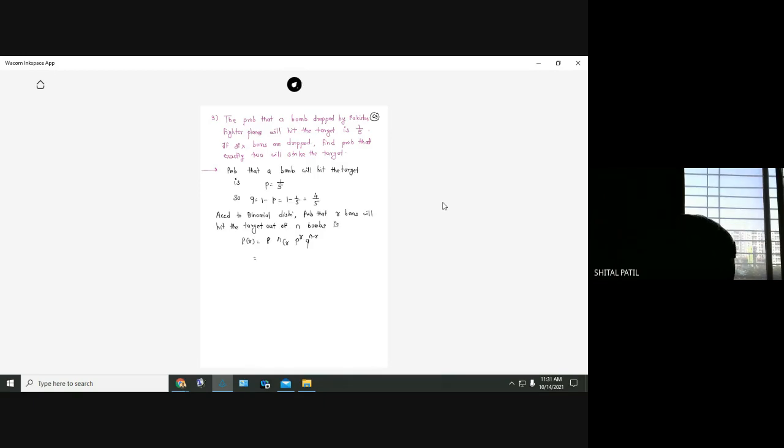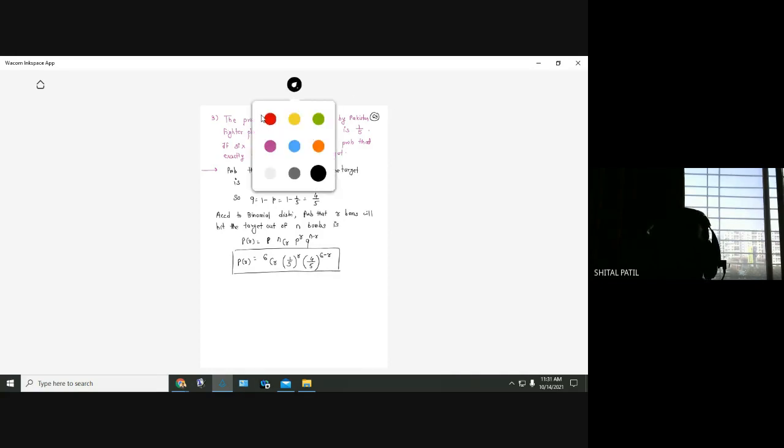How many bombs we have taken? 6 bombs. Given in the example. Question may be from where we are getting this 6, that is given in the example. Clear up to this step?